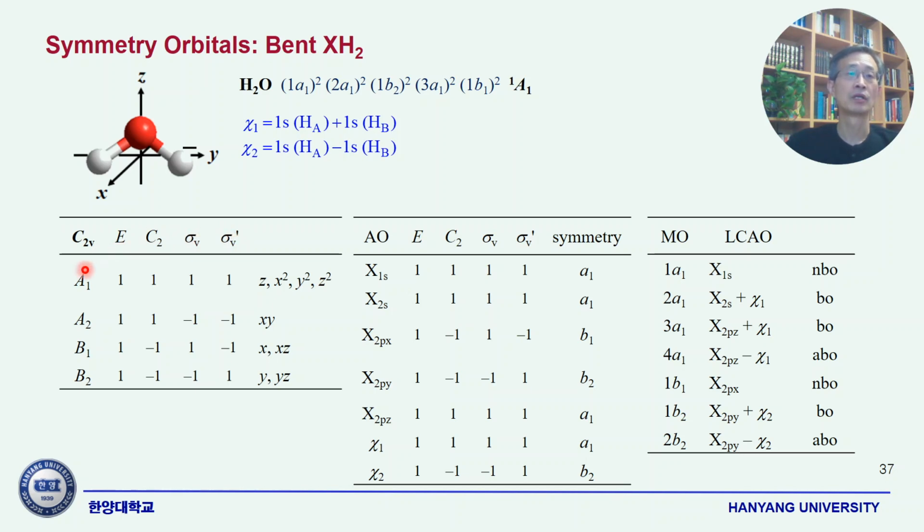For these molecules, the irreducible representations are A1, A2, B1, B2. Let me give you a little bit of detail. Last time, I probably just skipped it.